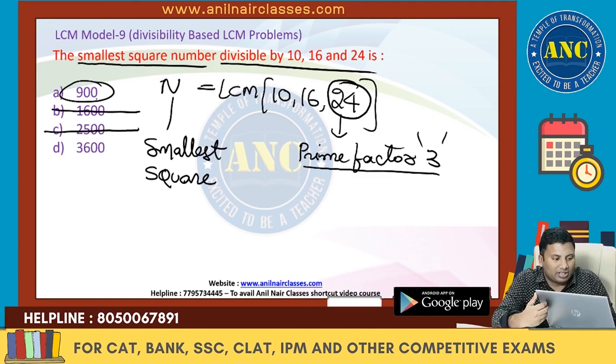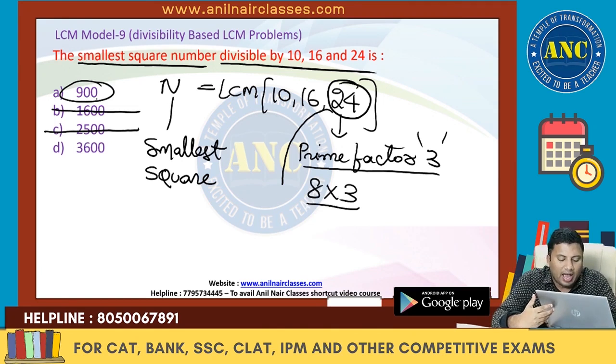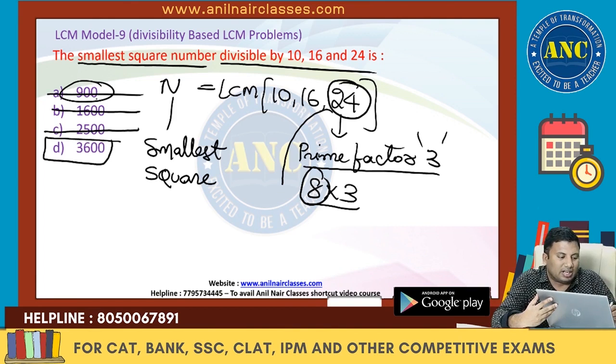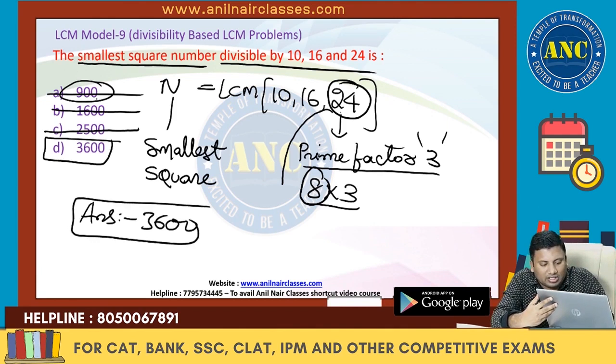Or otherwise, 24 is 8 into 3. Answer should be divisible by 8. 900, 8 11s are 88, 20 not divisible. Answer is 3600. More than the answer, I am interested in developing this approach for you.